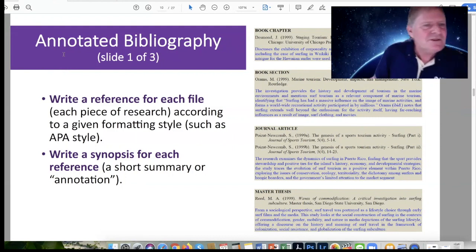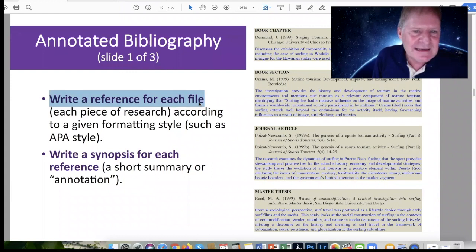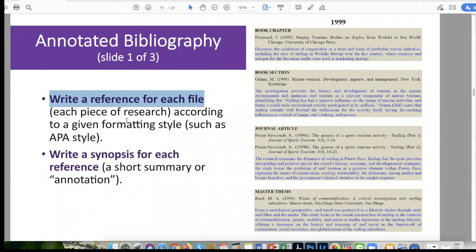Yeah. So in creating an annotated bibliography, once you've got a set of 10 or 20, let's say, pieces of research, you could first begin to write the reference for each file, like let's say we have here, right? And then pick your formatting style, APA, whatever, right?